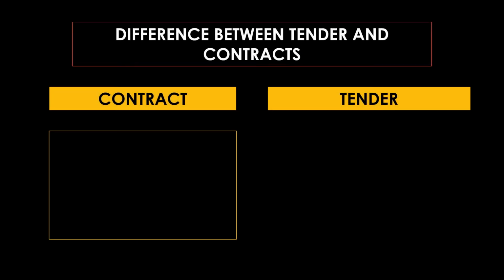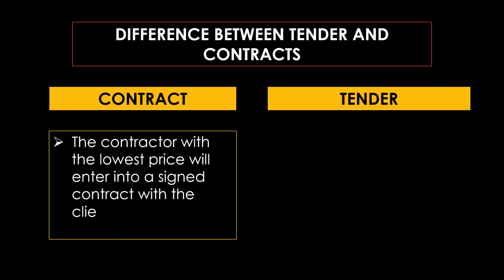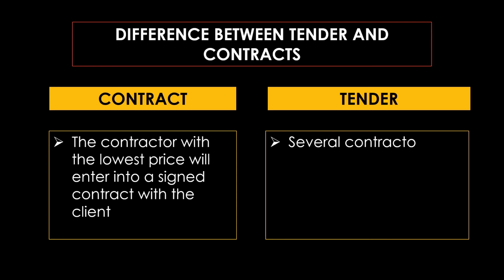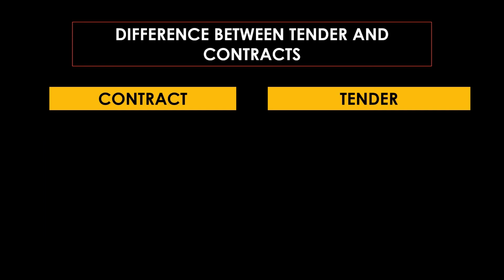What is the difference between a tender and a contract? In the case of a contract, the contractor with the lowest price will enter into a signed contract with the client. But in the case of a tender, several contractors are involved in the tender process or bidding process.